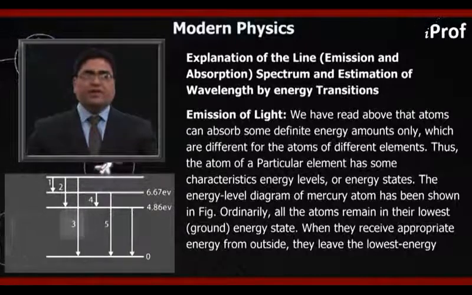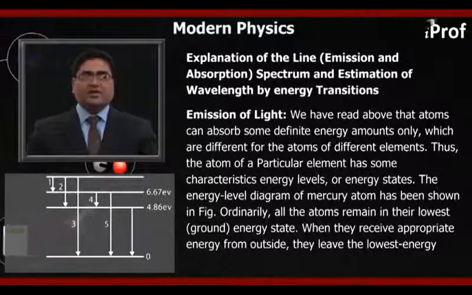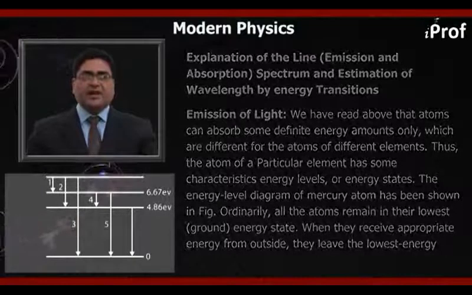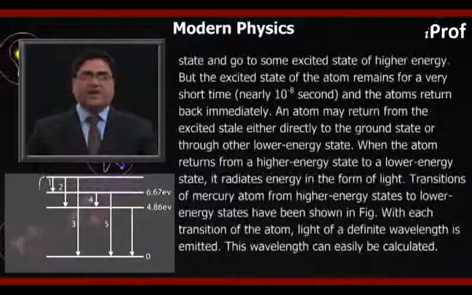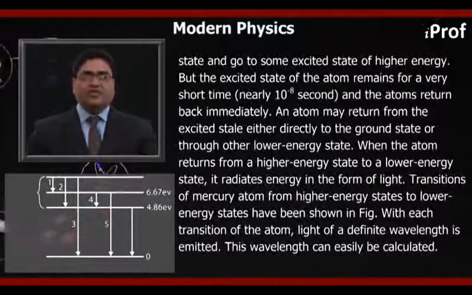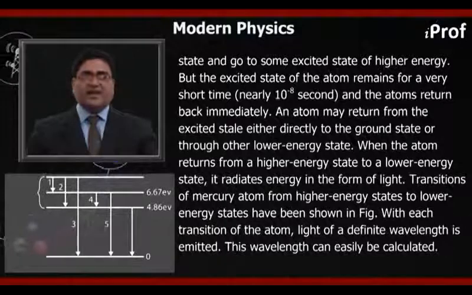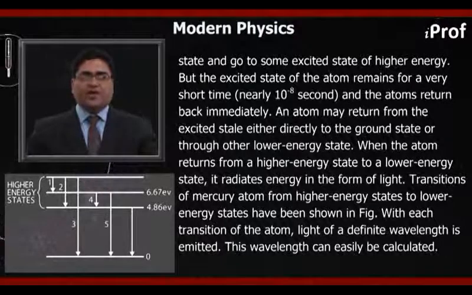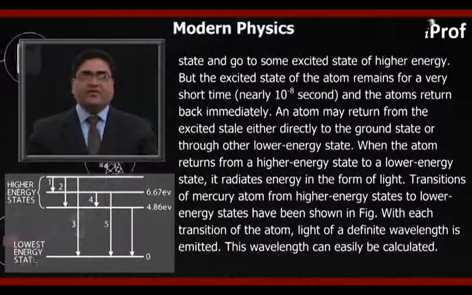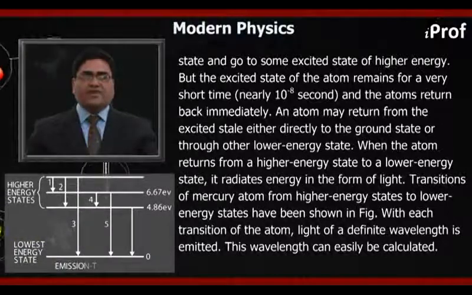When they receive appropriate energy from outside, they leave the lowest energy state and go to some excited state of higher energy, but the excited state of the atom remains for a very short time, nearly 10 power minus 8 seconds. An atom may return from the excited state either directly to the ground state or through other lower energy states.